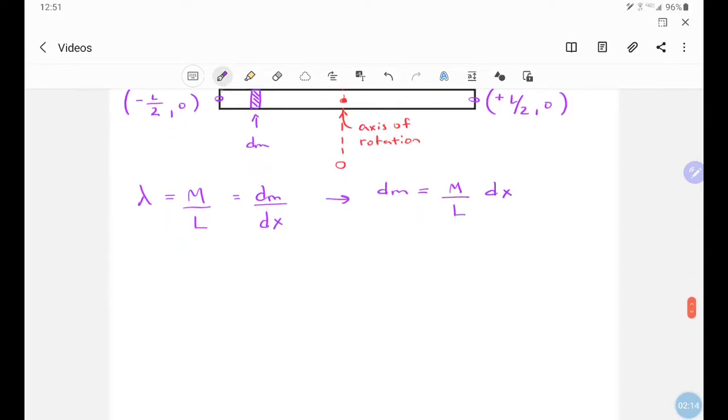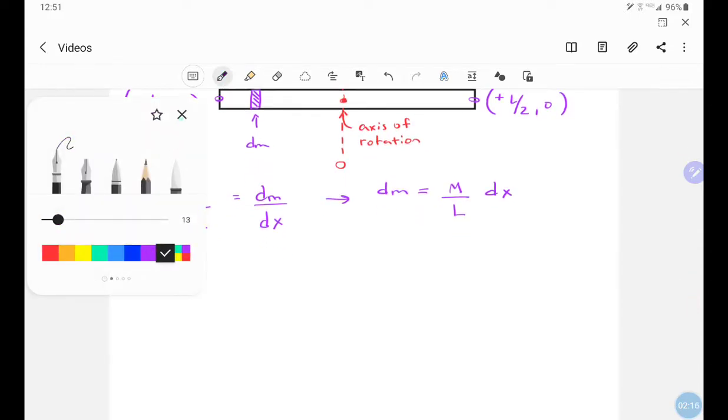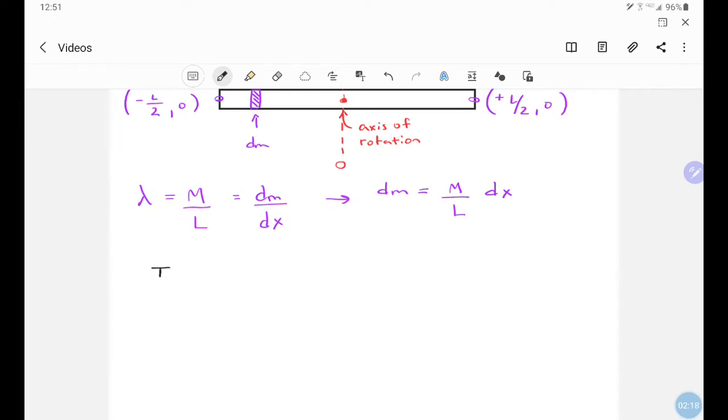And recalling our integral definition for moment of inertia, the integral of r squared dm, I'm going to rewrite that slightly. I'm going to change r to x since we are integrating along x. And so that becomes the integral of x squared.